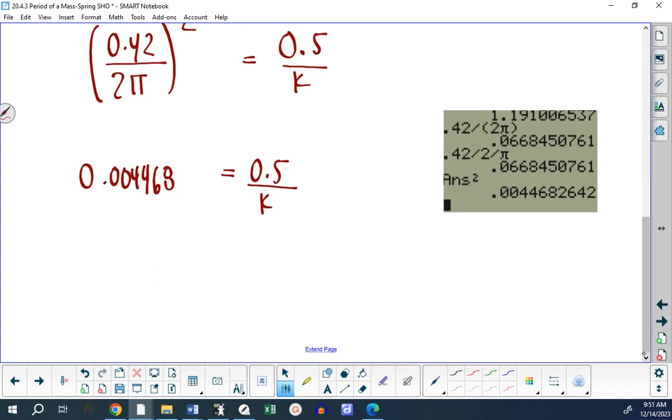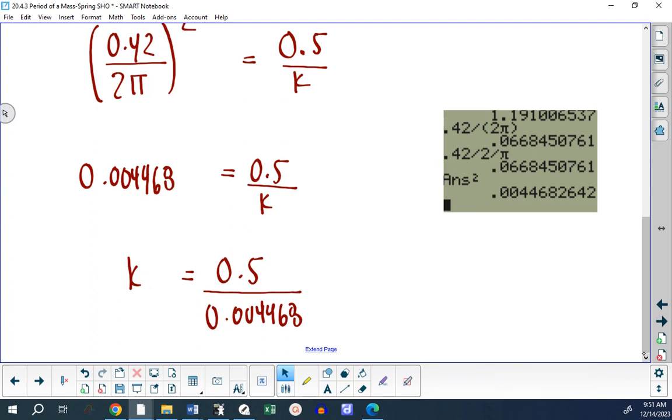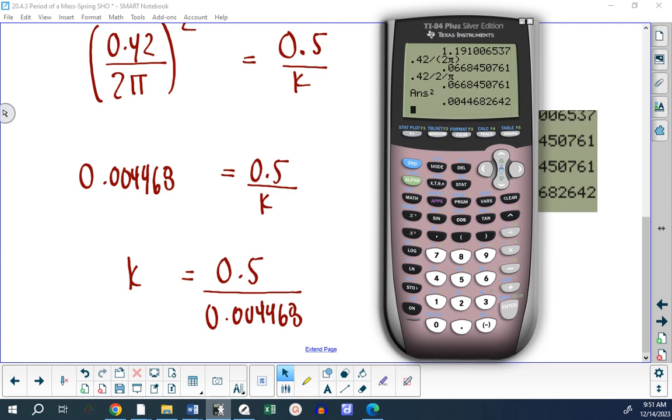I really hope at this level everybody knows that k will be 0.5 divided by this number. Whether you just see it or you cross multiply and divide, that's how we're going to get k. So I need to take 0.5, which is the mass, divided by the answer. So it's about 112 newtons per meter.